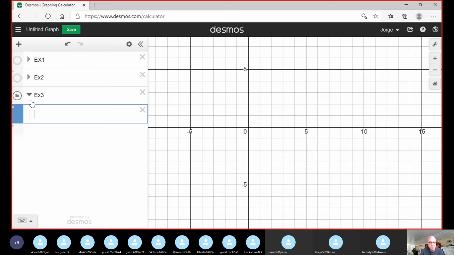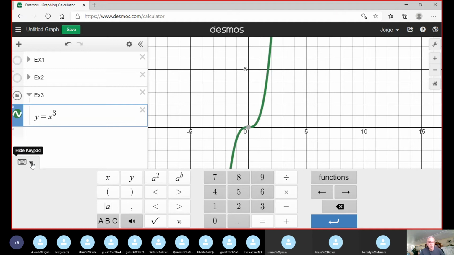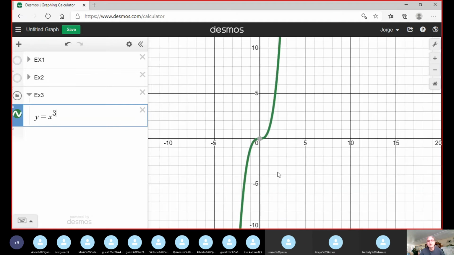Okay, so it's a cubic function. Cubic function is y equals, let me see, the keyboard is easier. For any power different from 2 it's this key. You put y equals, you put x power 3. Boom. And this is my cubic function.